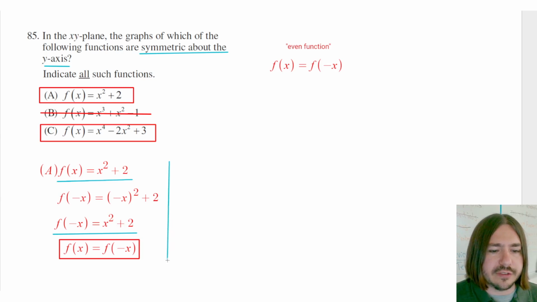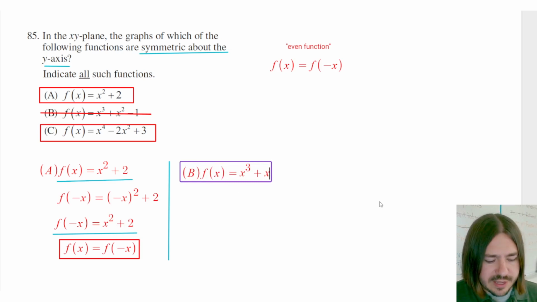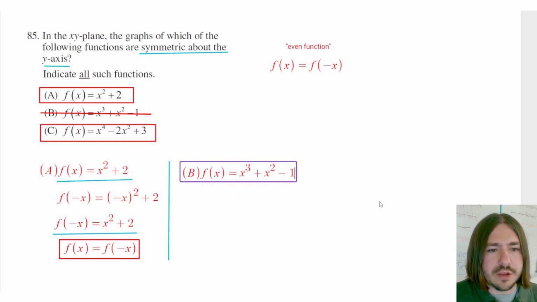So let's test out b here and show that this one's not going to be an even function. For b, we've got f of x equals x cubed plus x squared minus 1.